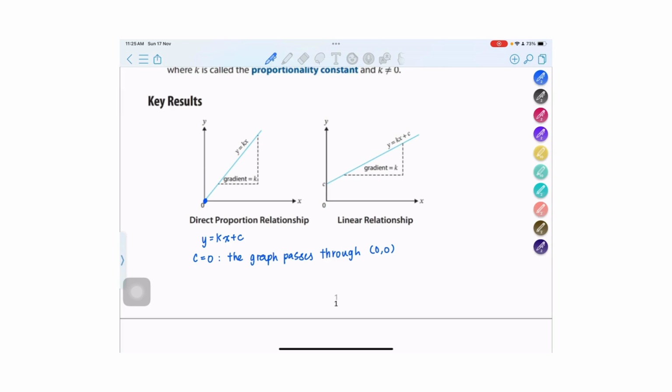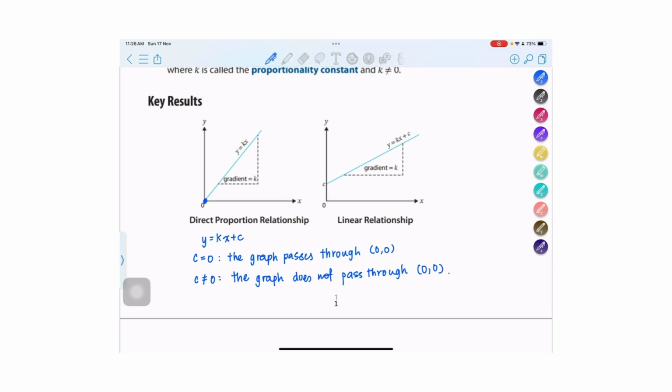What happens if c is not equal to 0? That means the graph does not pass through the origin (0, 0).